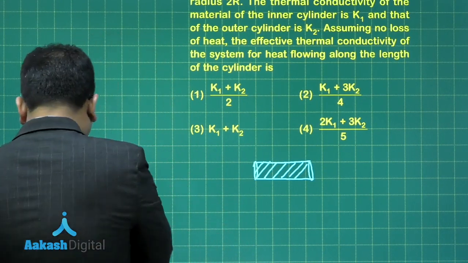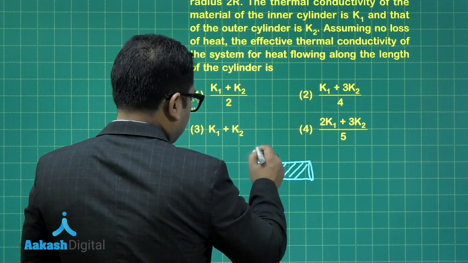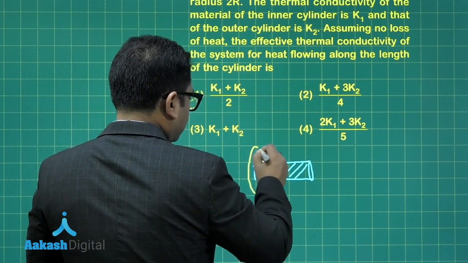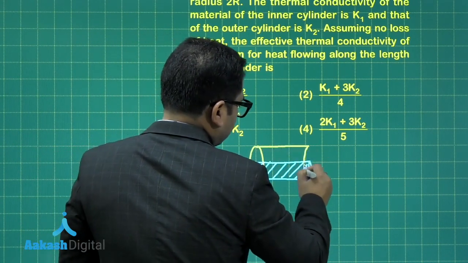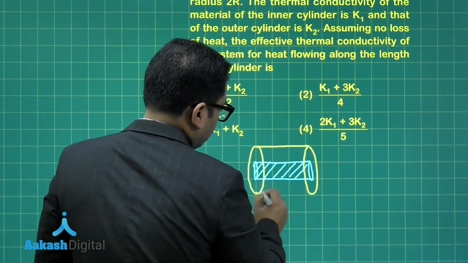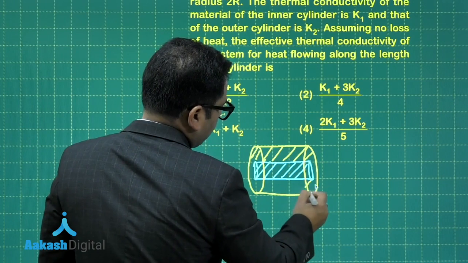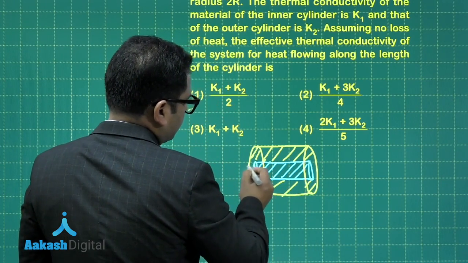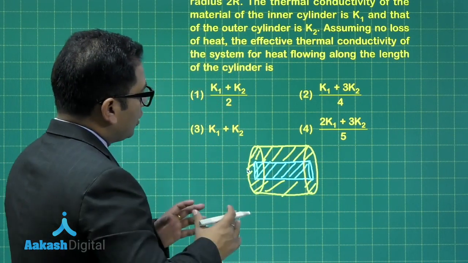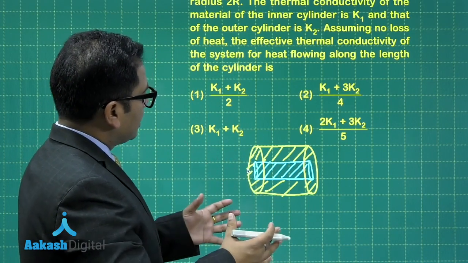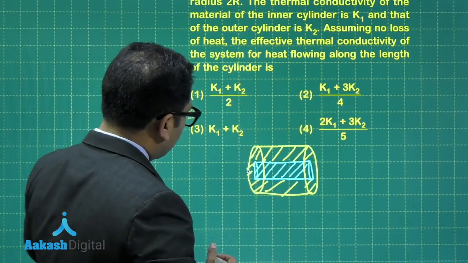So that's not difficult to imagine now. So here is the situation. This is another cylinder, but a cylindrical shell of inner radius R and outer radius 2R. So that's the situation. And now we need to concentrate on the flow along this.